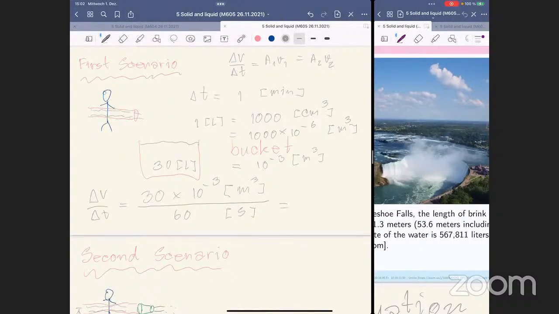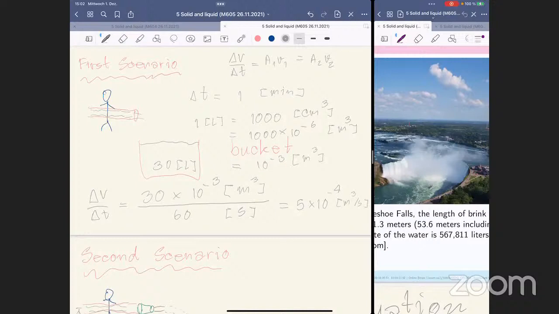So in standard form, if you calculate this, what is that? It's 1 by 2, 0.5, right? It's 5 times 10 raised to negative 4, and it's cubic meter per second, right?